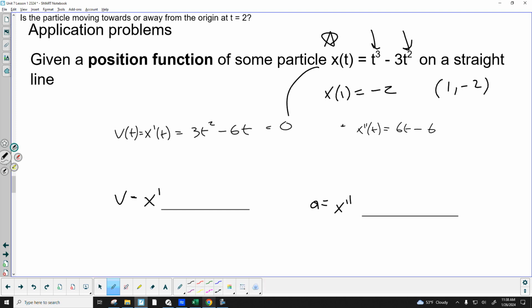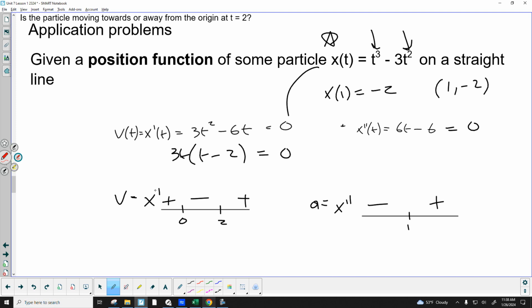Guys, if you can do this, which is something we've done many times before, you can answer every question I give you. If you know what this means, you can answer every question I give you.